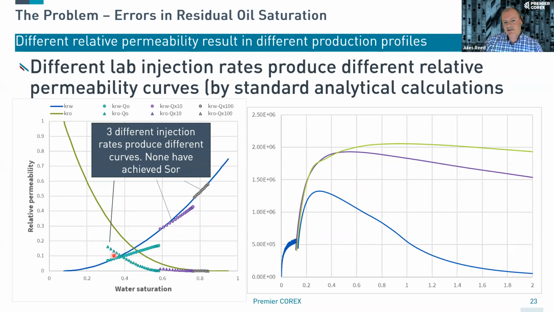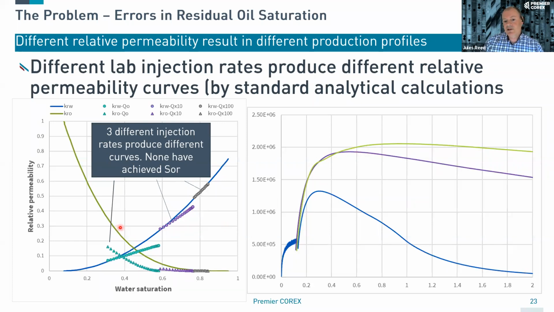And the curves here, so this blue is the turquoise here. At a low flow rate, this is the rel perm that would be derived from a plug. And so we get a low plateau, a short plateau, early plateau. With the purple data, which was done at a higher flow rate, we get a slightly later and a longer plateau of oil production, oil rate.